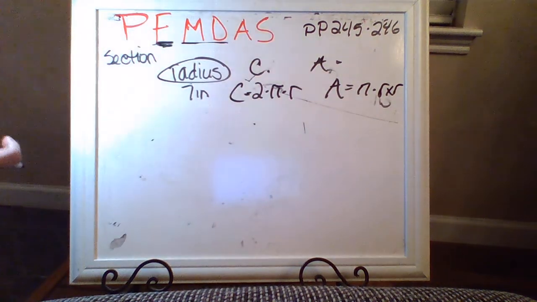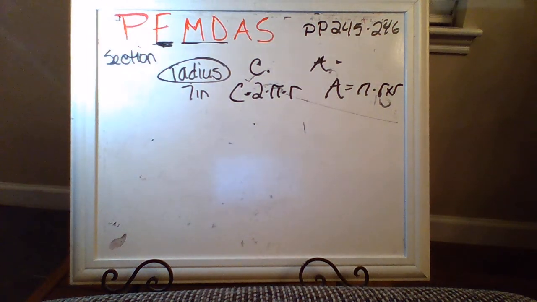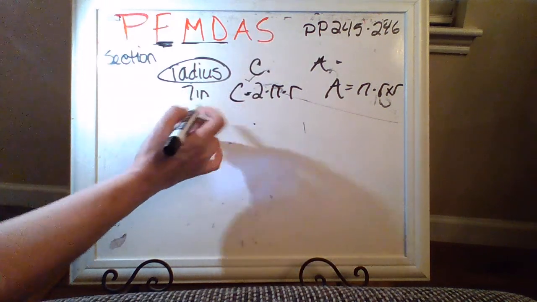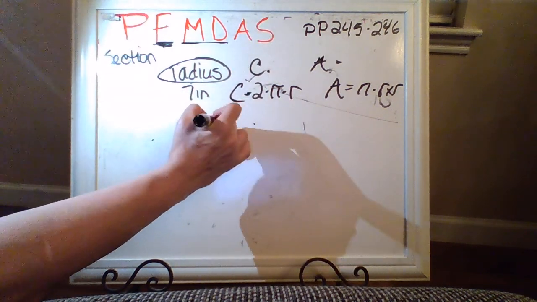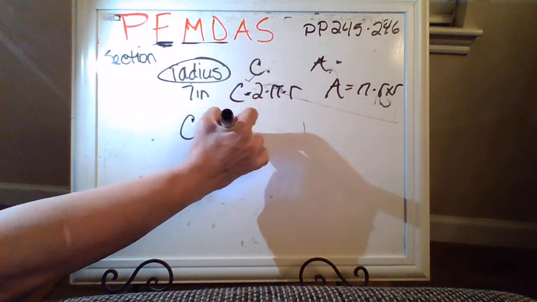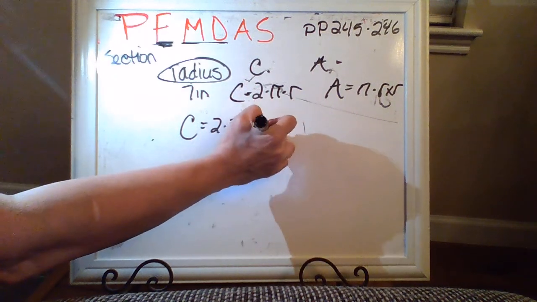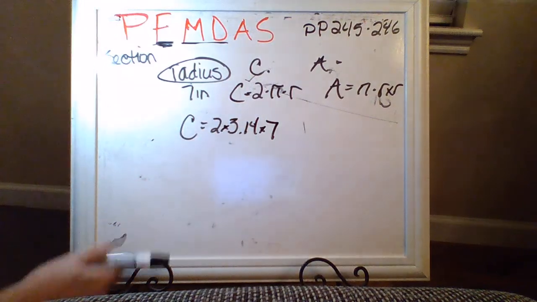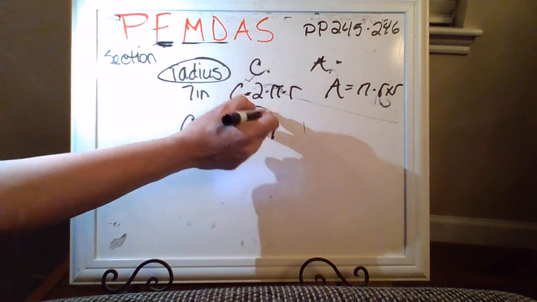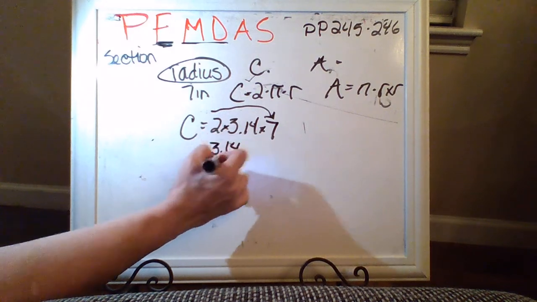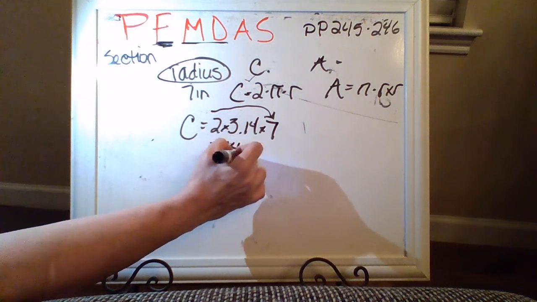I'm not going to give you the answers to these, but I will help you set them up. So when you're wanting to find the circumference, you're going to say C equals 2 times 3.14 times 7. So you can say 2 times 7 is 14. So it'll be 3.14 times 14.